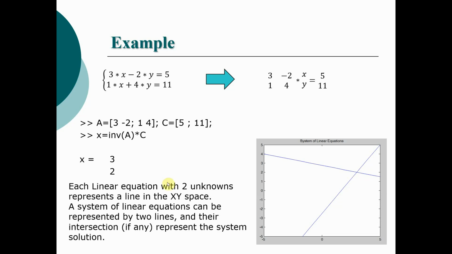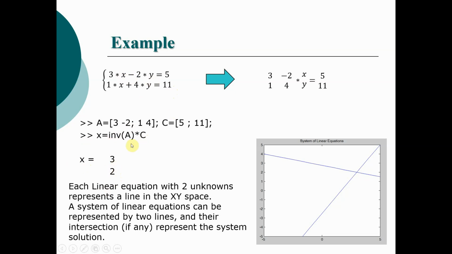In this case, we call it A. You see that in the first equation we have 3 and minus 2, and in the second equation we have 1 and 4 as the coefficients for our unknowns. And our right-hand side column vector is 5 and 11. If you find the inverse of A times C, it gives you the values for your unknowns. So x is going to be 3 and y is going to be 2.